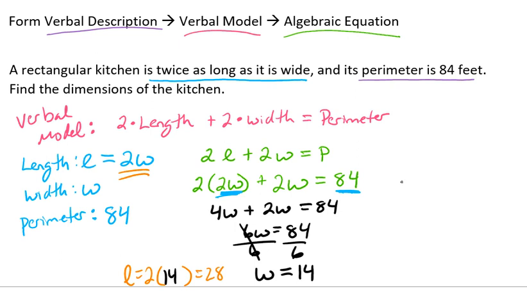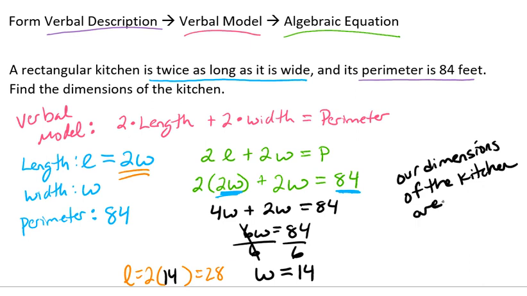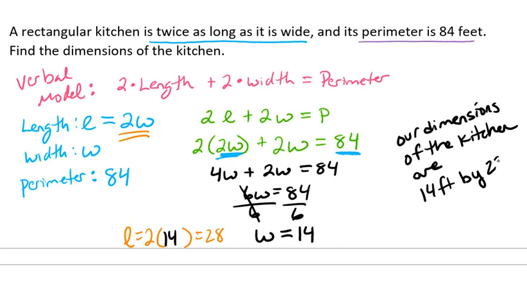So we can say that our dimensions of the kitchen are 14 feet by 28 feet.